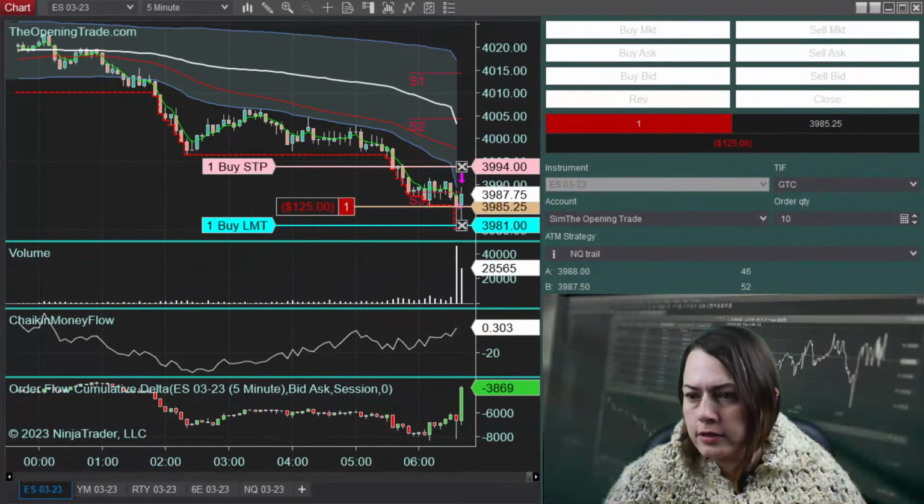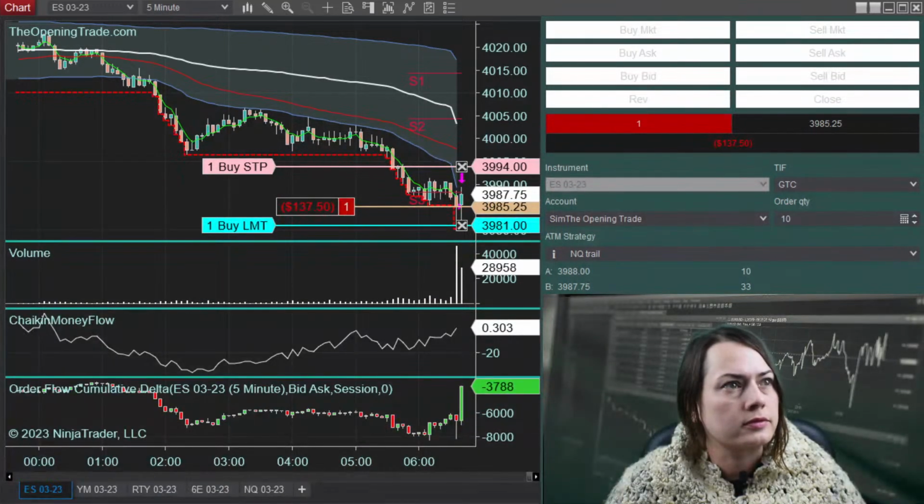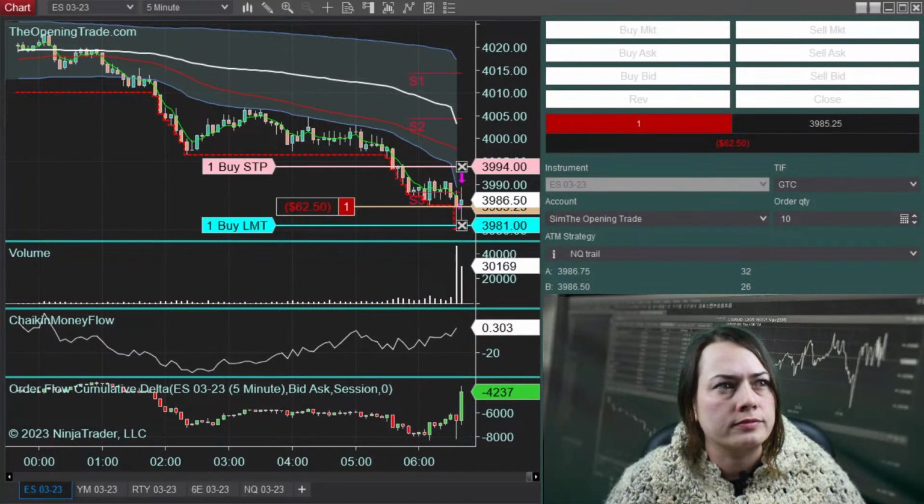We are still in an automated trade on the S&P 500. Let's see.